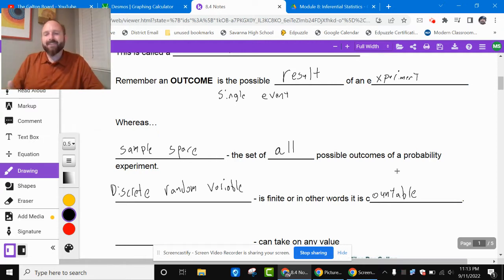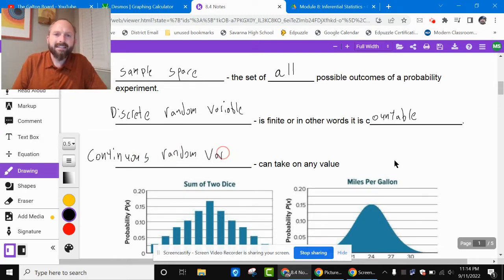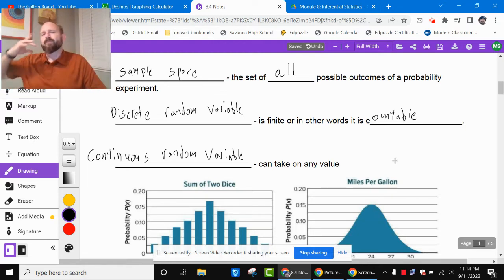However, with continuous random variable data here, it can take any value. So if it sounds weird, like, hey, 1.75 people came in today, that shouldn't happen.